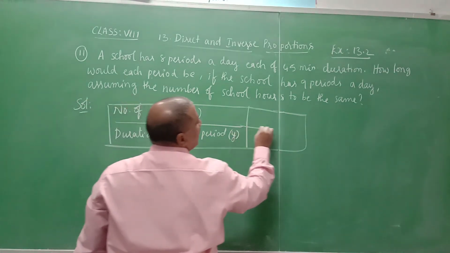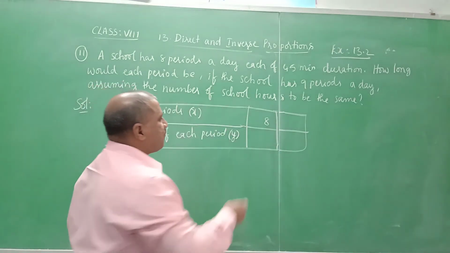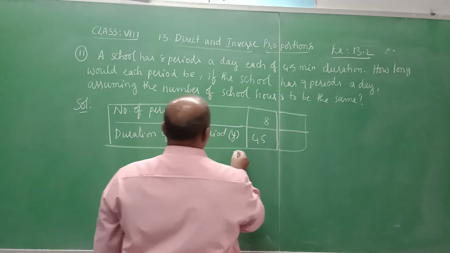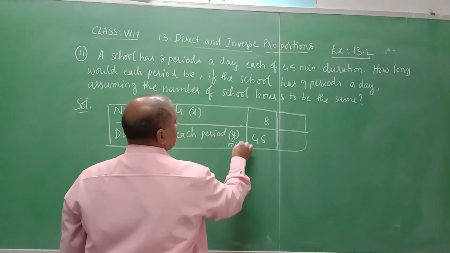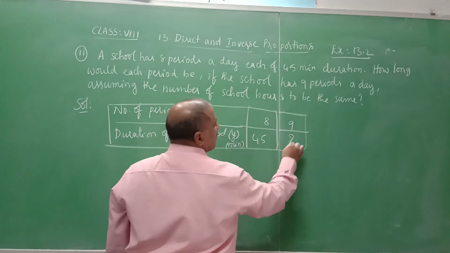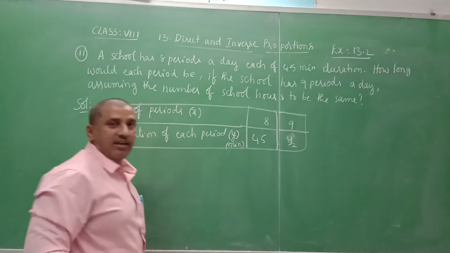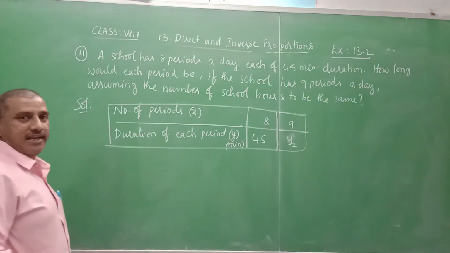If 8 periods are there, the duration is 45 minutes, given in minutes. If 9 periods are there, what is the duration? This we will take as y2. The y value is missing, so we will find y2 here.